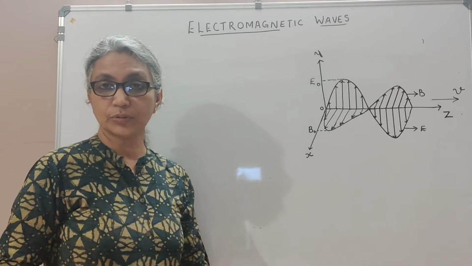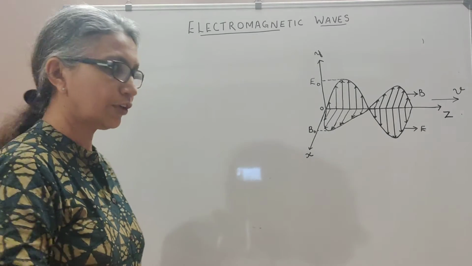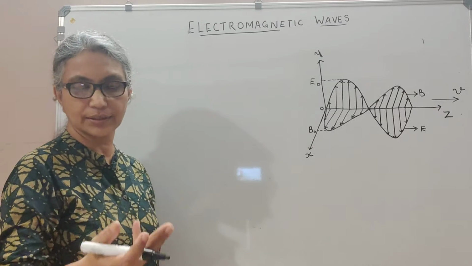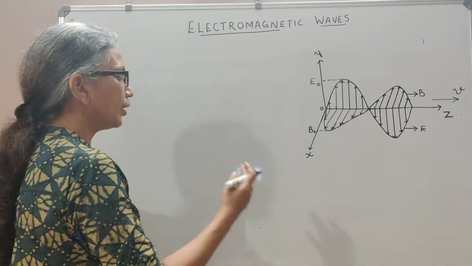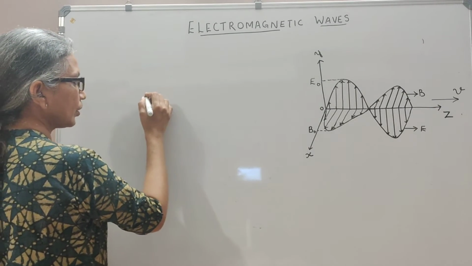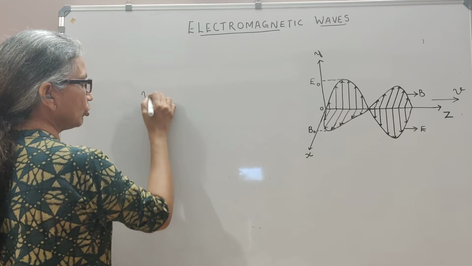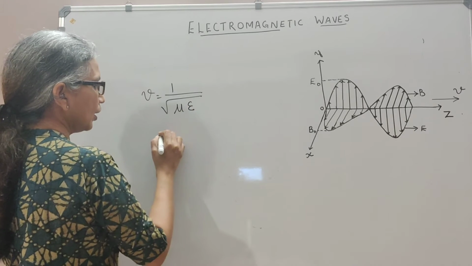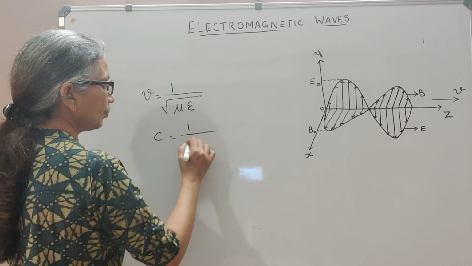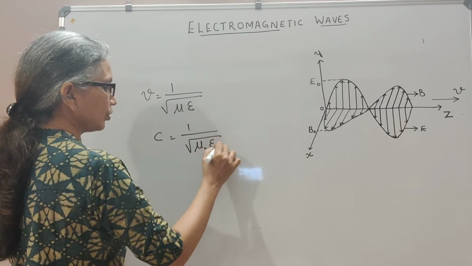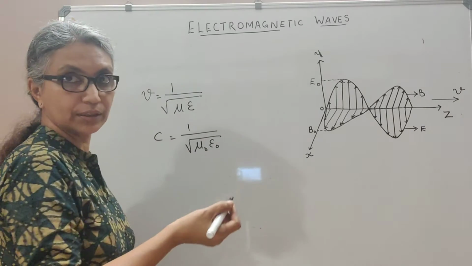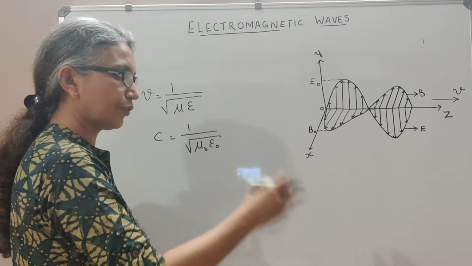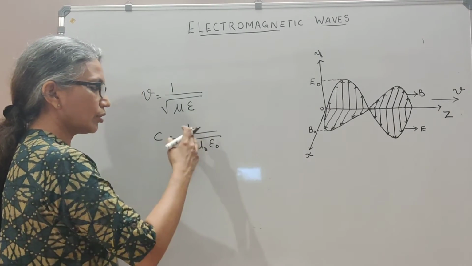The next property to be discussed is the velocity of this electromagnetic wave. Light is an electromagnetic wave. The velocity, I told you, is given by 1 by root of mu epsilon. In free space, this would be 1 by root of mu0 epsilon0. So all electromagnetic waves, the spectrum you will study at the end of the chapter, all of them will have the same velocity.